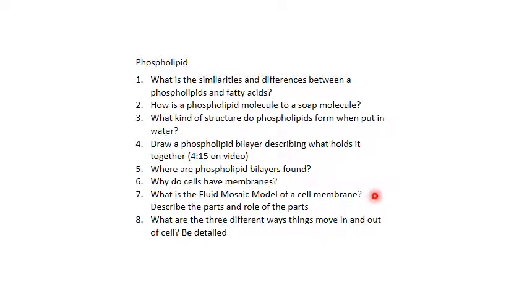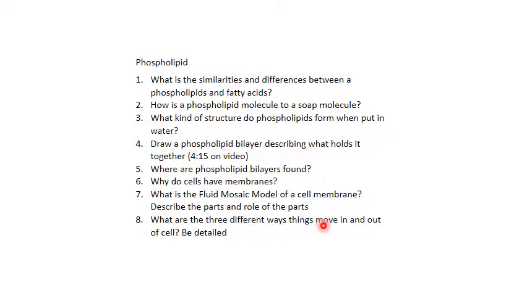And then what are 3 different ways things get out of cells? One is called diffusion, where small nonpolar molecules can move in and out, like oxygen and carbon dioxide. There's facilitated transport, where proteins act like channels that allow bigger molecules to go in and out of the cell.